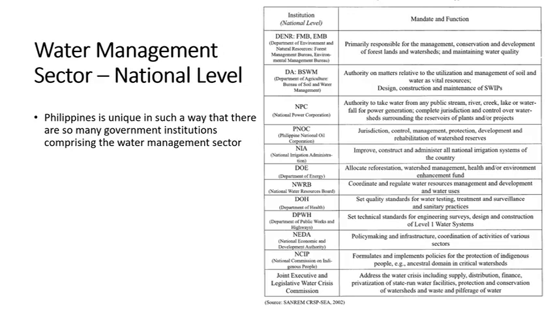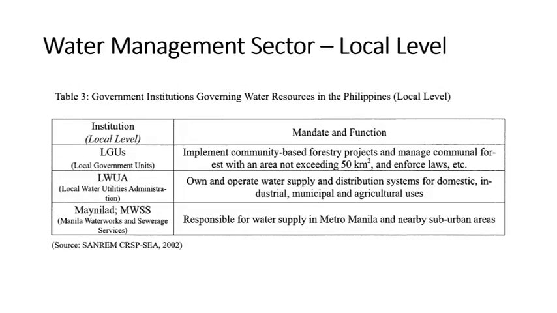And then you also have your Water Crisis Commission, which is supposed to address any water crisis. Okay, so that includes waste of water and pilferage of water. Okay, so these are all the national institutions. All right, so this is the national level, and this is the local level.